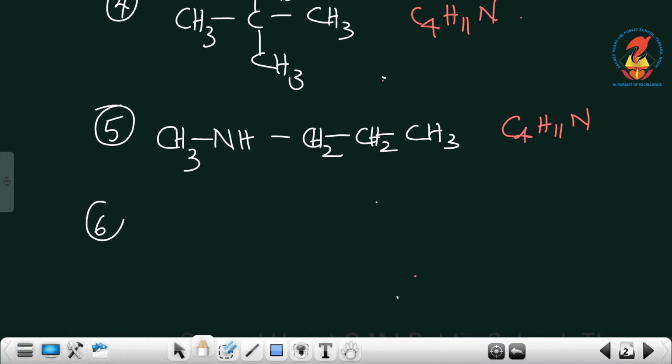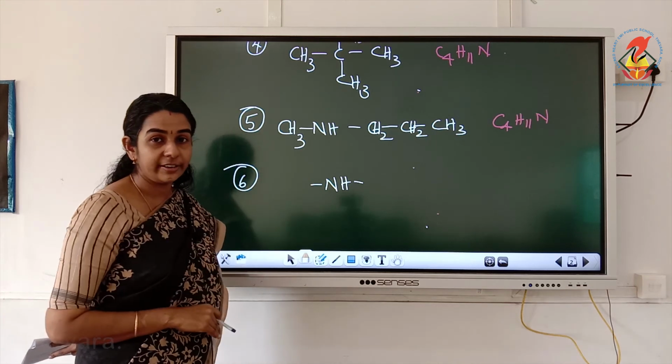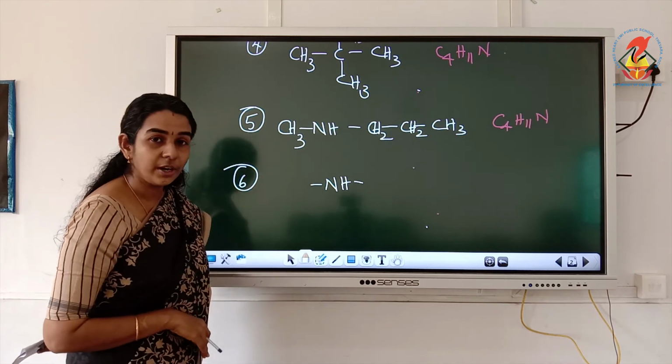Now the sixth possibility is again a secondary amine. Nitrogen will be attached to 2 other carbon atoms. What is the next possibility to arrange carbon atoms on either side of nitrogen? In total we have 4 carbon atoms.